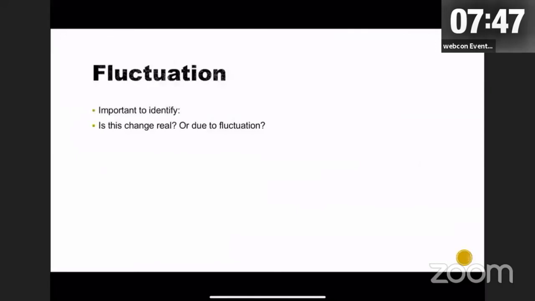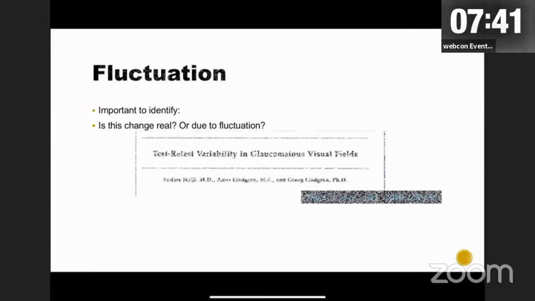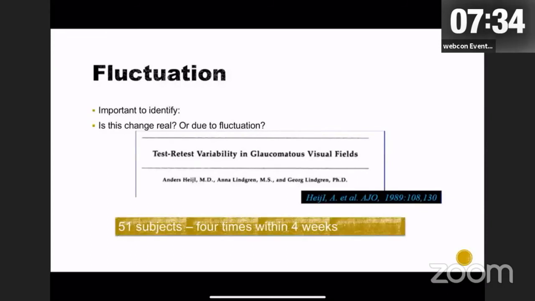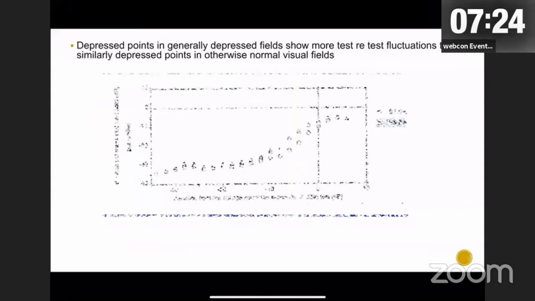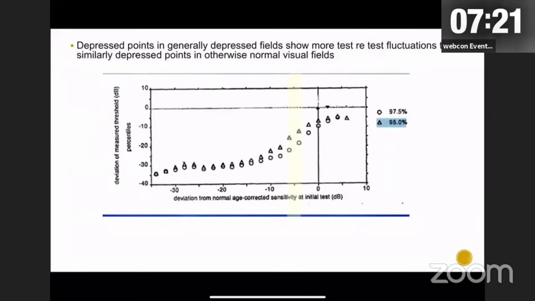Also, it cannot identify the fluctuation, whether the progression is a real progression or is it due to fluctuation. This was a very nice published study in an American journal, which gave us test and retest variability in glaucomatous visual fields. And they found that depressed points in generally depressed fields show more test-retest fluctuation than similarly depressed points in otherwise normal fields.